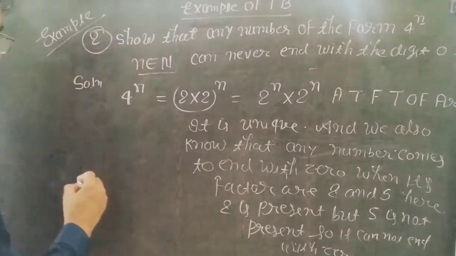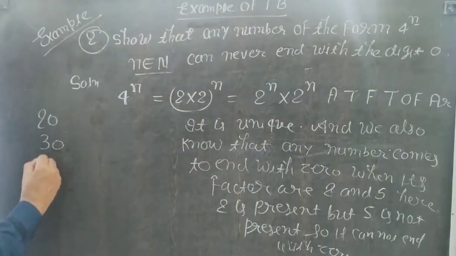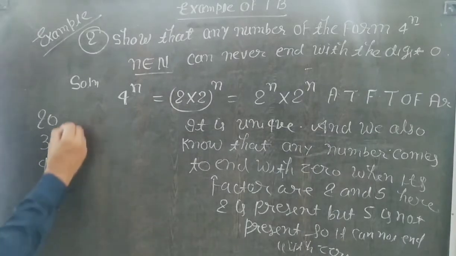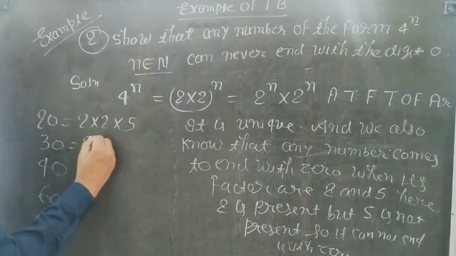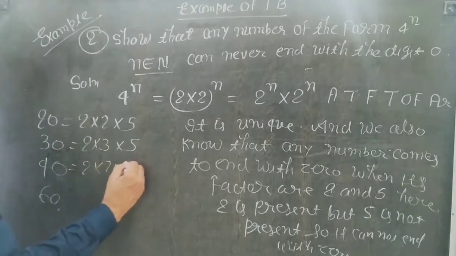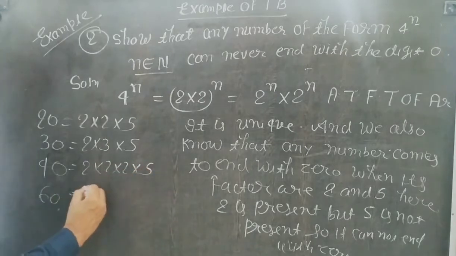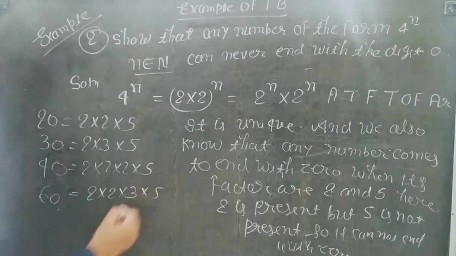Any number comes to end with 0. Suppose the number is 20, 30, 40, 60, etc. That means 20 is 2 into 2 into 5, 30 is 2 into 3 into 5, 40 is 2 into 2 into 2 into 5, 60 is 2 into 2 into 3 into 5.